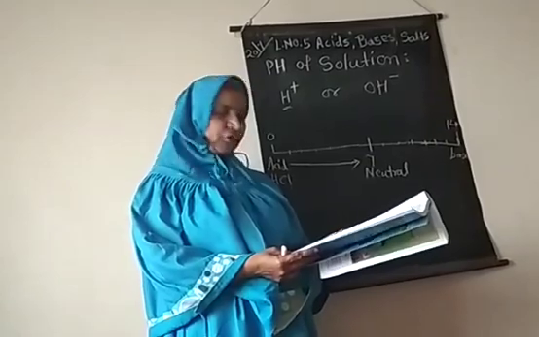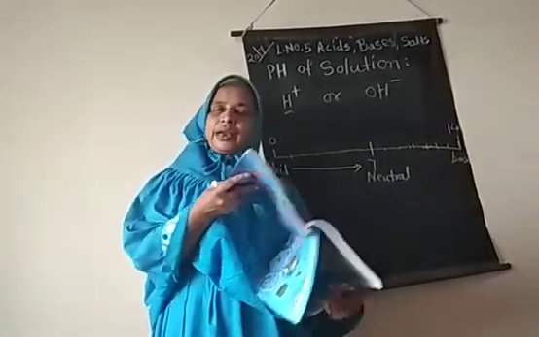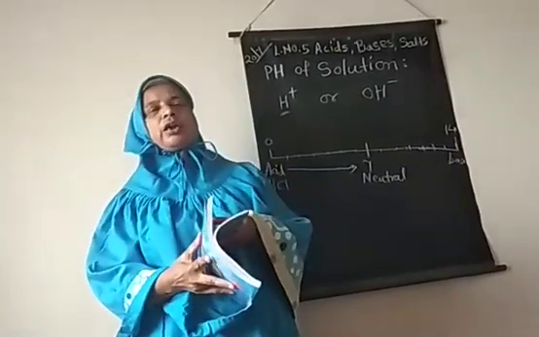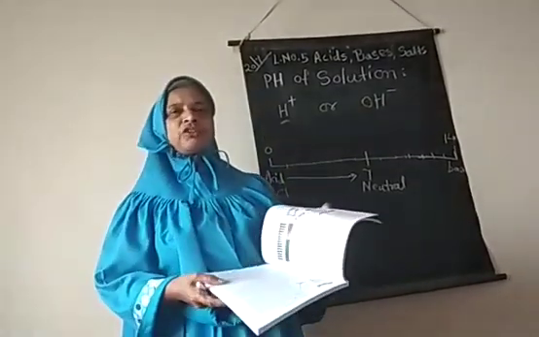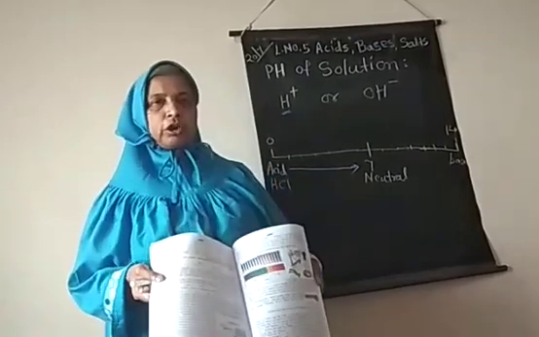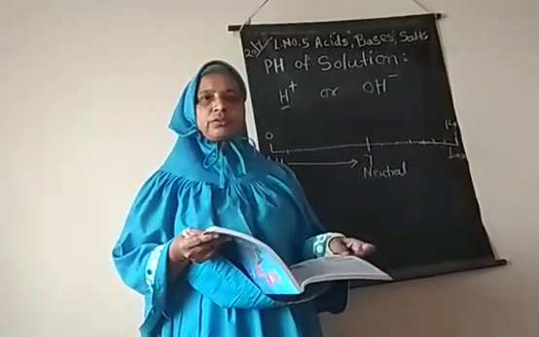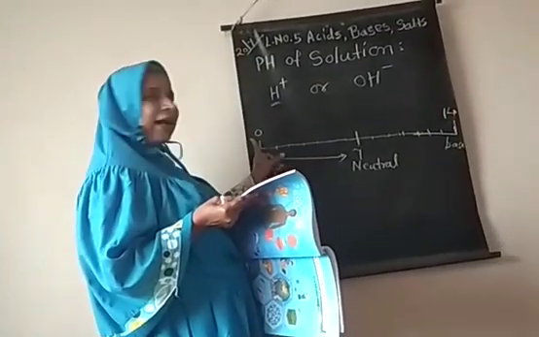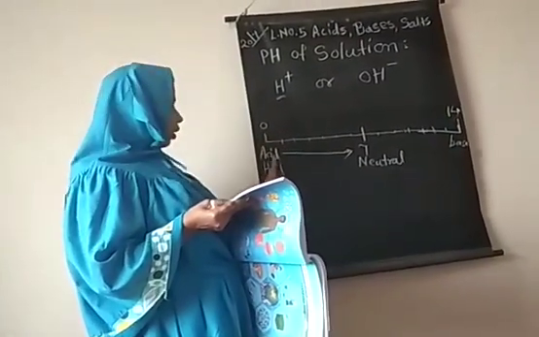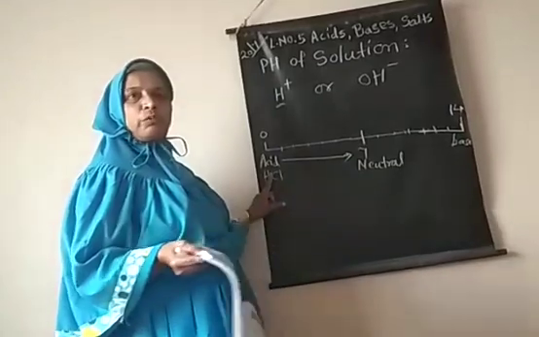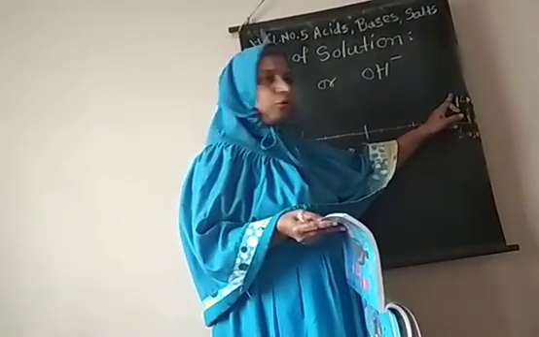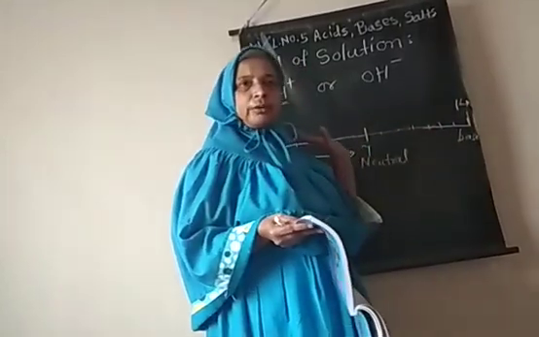However, their concentrations may be different, and that is why water is said to be the neutral one, because the H plus and OH minus concentrations are balanced in water or in any neutral substance. Now, as I just described, at the pH value 0 the HCl acid is more concentrated, while at this point, 14 pH value, the base is concentrated.